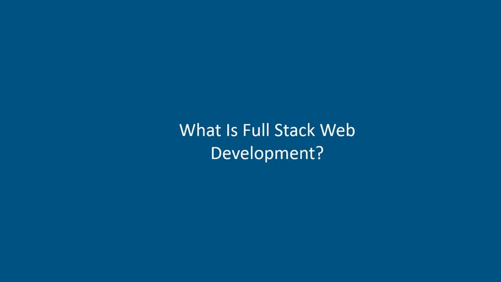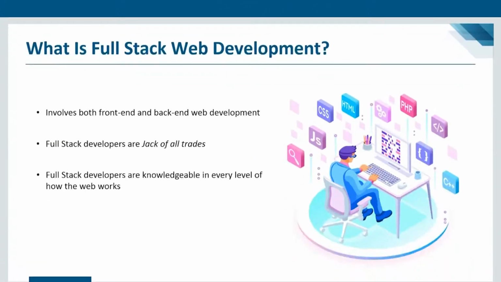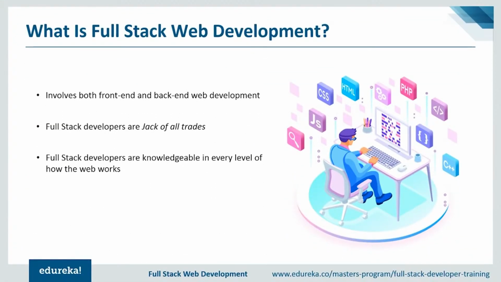So what is full stack web development? I'm sure you all must have heard of front end and back end web development, but what is full stack web development? Now, full stack web development basically involves front end and back end web development. It requires in-depth knowledge of the different scripting languages like HTML, JavaScript, CSS, which make the web look more interactive and alive.